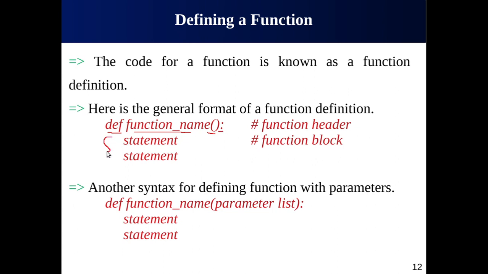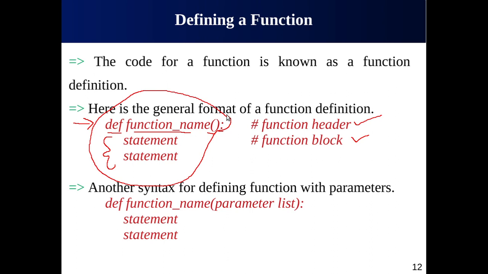These two statements, remember, a function is a group of statements. So this is actually the function. And these statements are known as the function block, or sometimes referred to as the function body. And this individual line in the function definition is known as the function header. So as a whole, this bunch of code is the function definition.